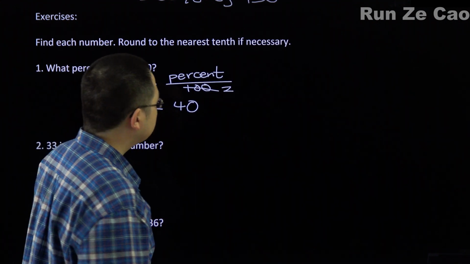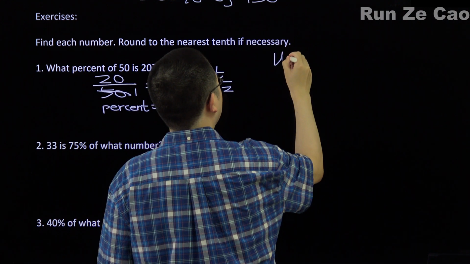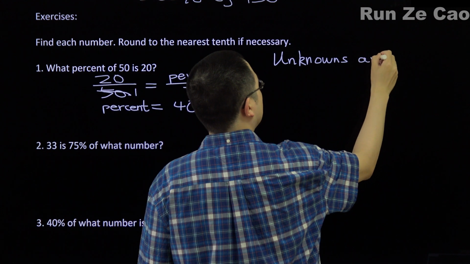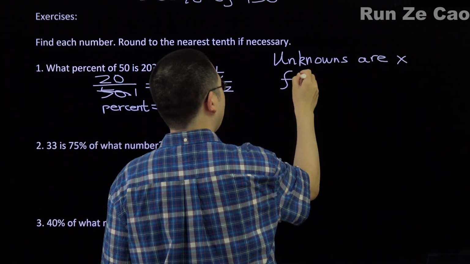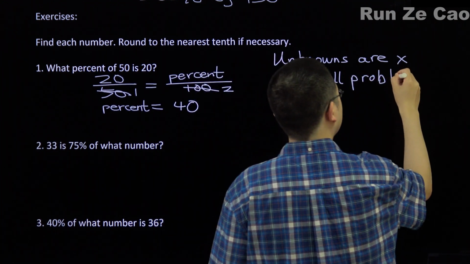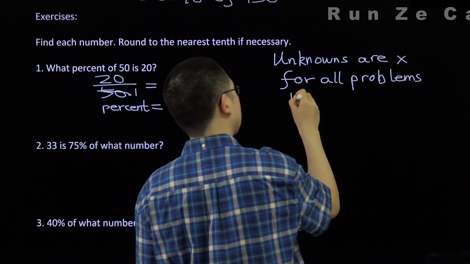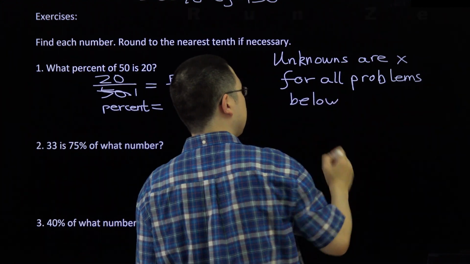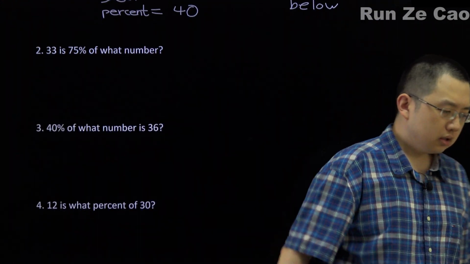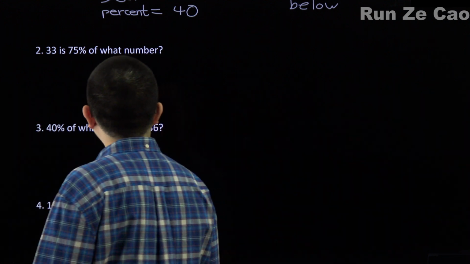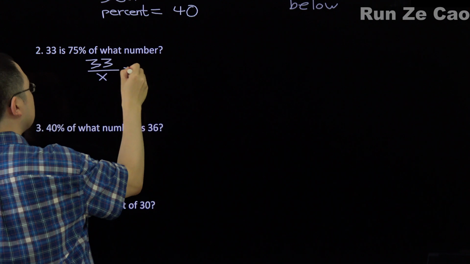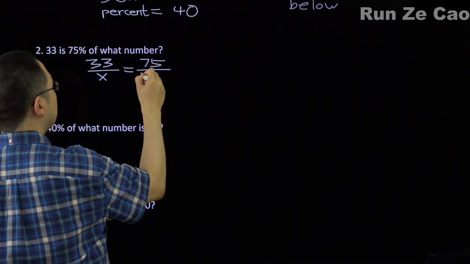Okay, then, how about we go unknowns are x for all problems below. Because writing let statements for all of them is kind of irritating. 33 is 75% of what number? 33 over x is equal to 75 over 100.